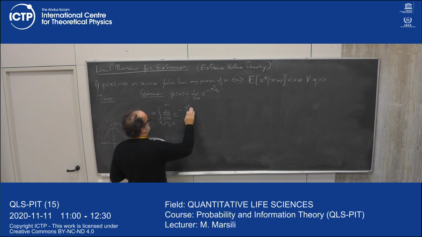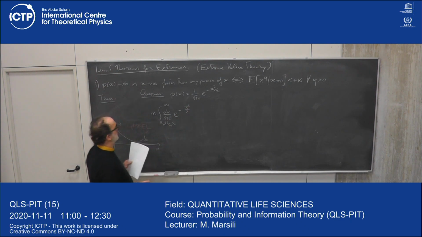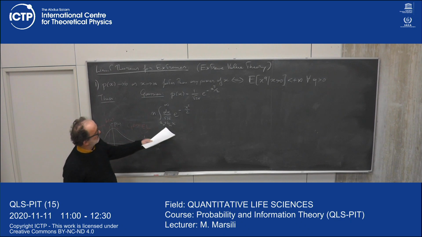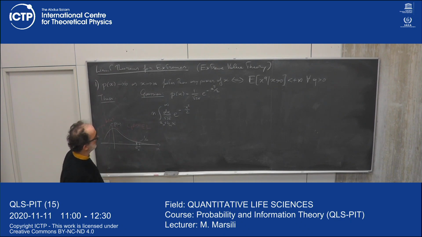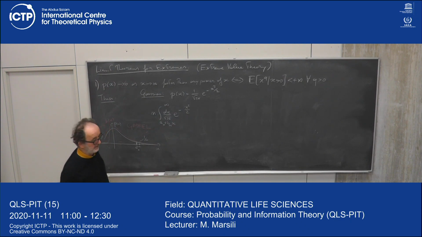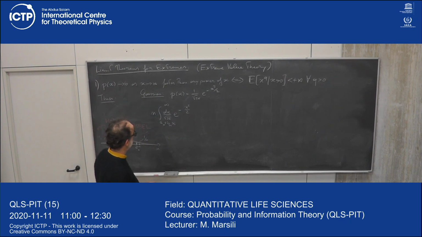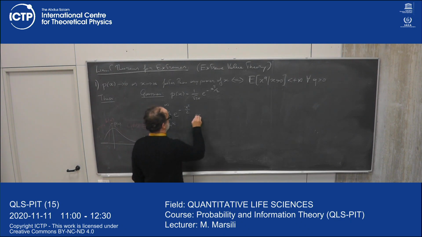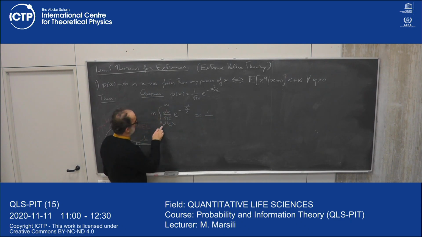Okay, we want to find an and bn such that this integral, as n goes to infinity, gives us a finite limit. Now, as we already saw several times, an plus bnx will go to infinity as n goes to infinity, so this is x prime.